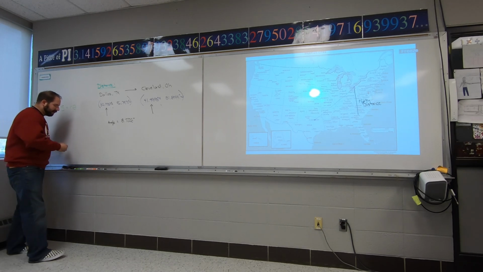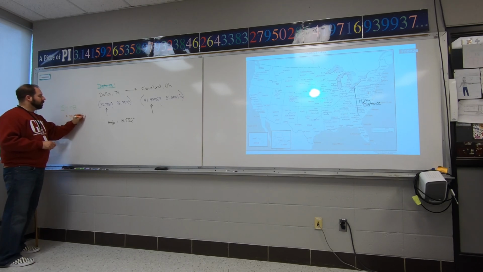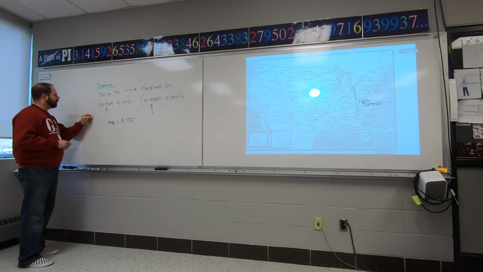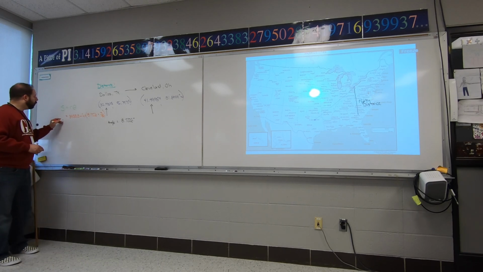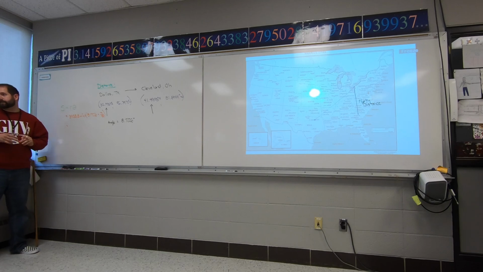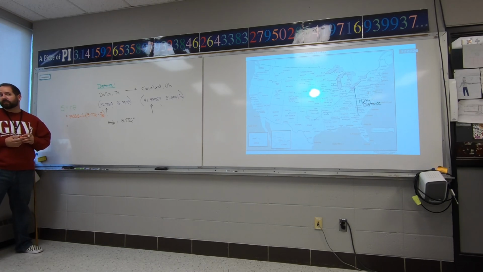So I'm going to plug in the radius of my Earth, we're using 3,958.8 miles, as you guys have been telling me the last couple days. We're going to take that times my angle, times pi divided by 180. And I need to know what that distance is. It's probably a ways.